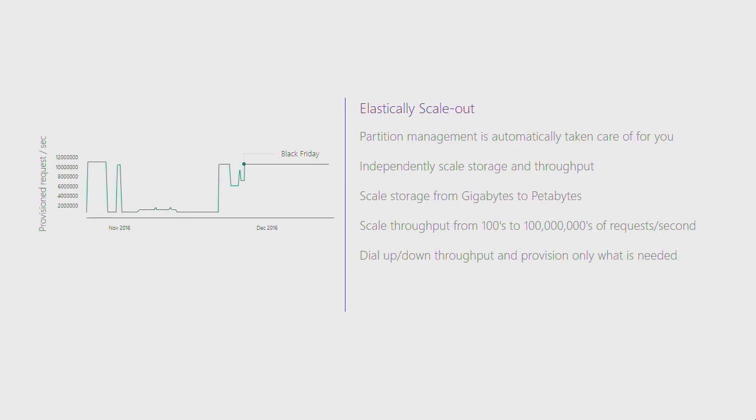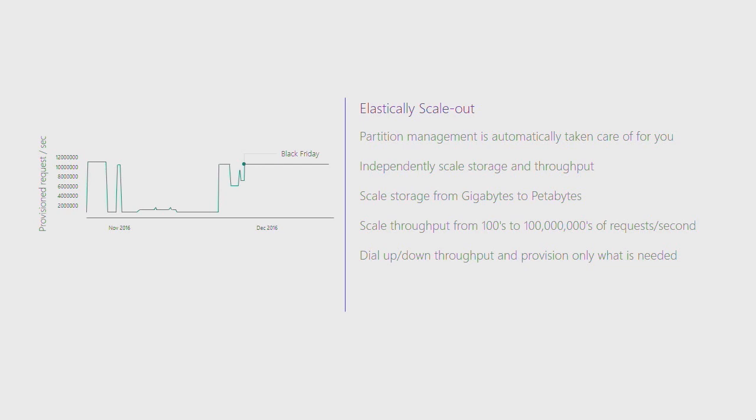So now that you have your data globally distributed, you also want to be able to scale out that data in terms of a couple of dimensions. Typically you want to think about this in 2 dimensions, storage and throughput. Storage is how much data you have stored within that database, and throughput is how many requests per second, whether reads or writes, are coming through.